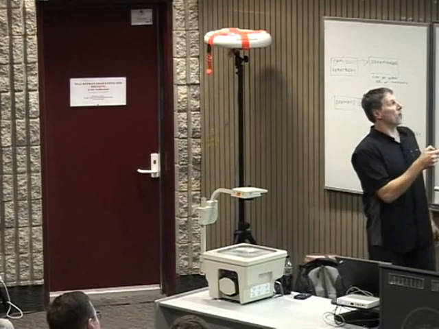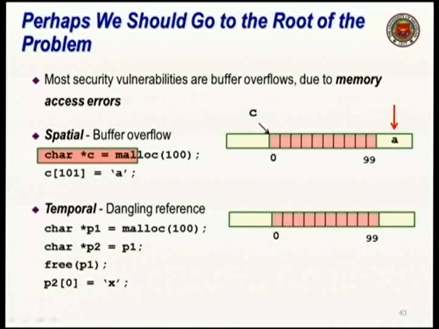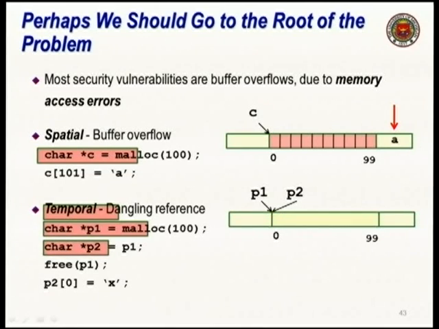The temporal buffer overflow is where you have a buffer, somebody frees it, but through an old pointer, we can still write to that. There may be a new variable there that we can access. C allows this. C++ allows this. Java doesn't. Java does garbage collection.